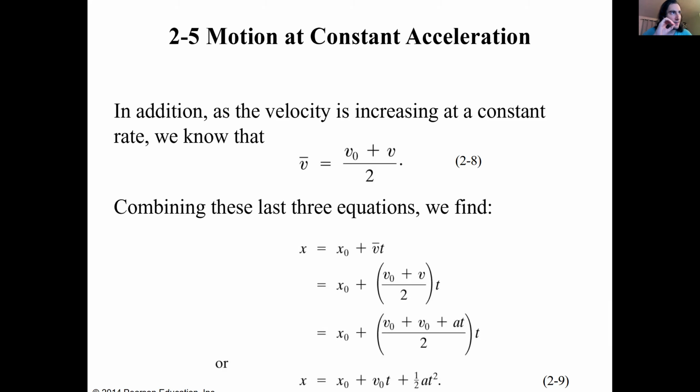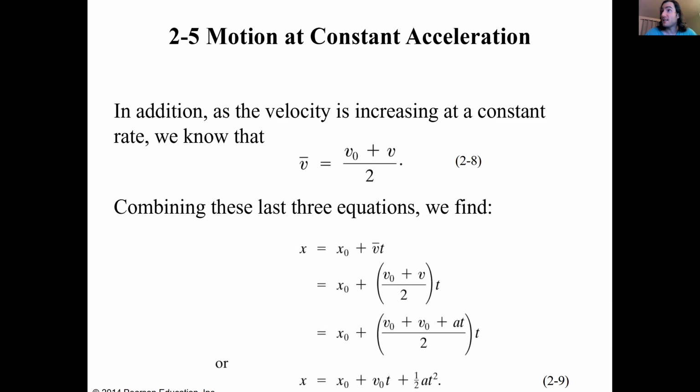Now, in the next equation there, below the 2-8, we are saying the displacement is equal to our initial position plus how far we've traveled due to our velocity. Velocity times time is an amount of displacement that you've traveled in a certain time period, okay?